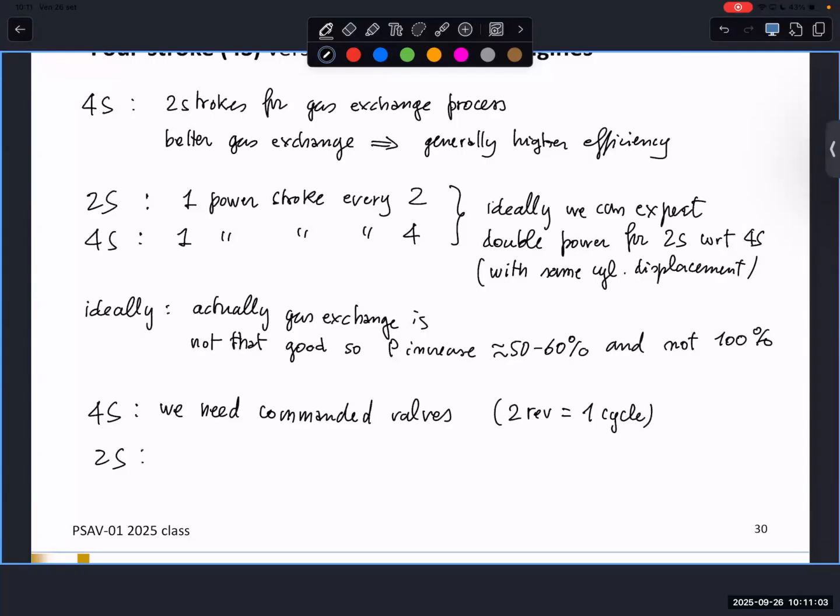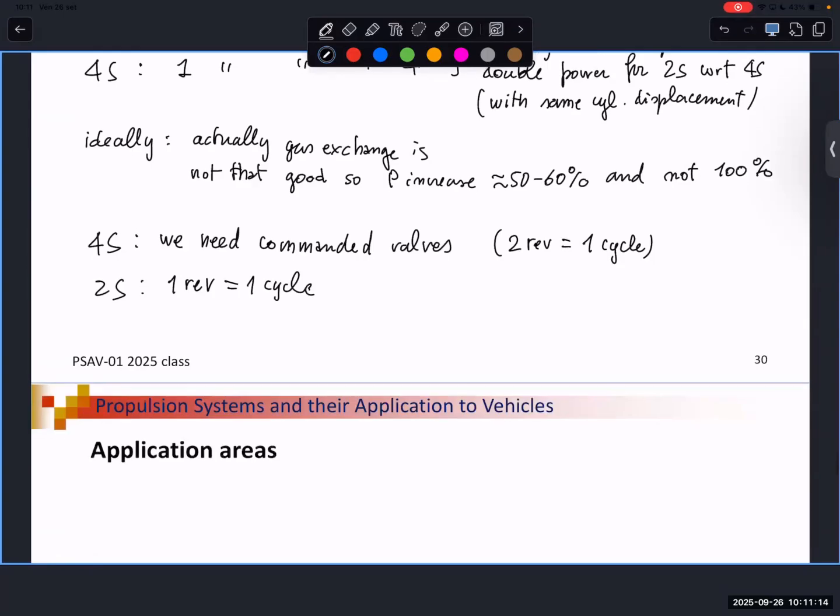In the two-stroke, the frequency of the cycle corresponds to the engine speed. So I can say the frequency of the cycle corresponds to n, the engine speed.